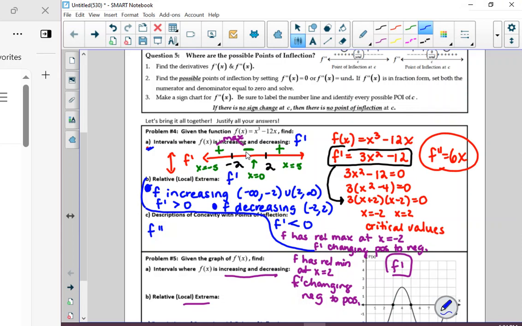That made -2 a max. 2 in my second derivative makes it positive. 2 is a critical value of my first derivative. It makes my second derivative positive. We must have concave upness around this. And if we have concave upness around this, then that's a min.